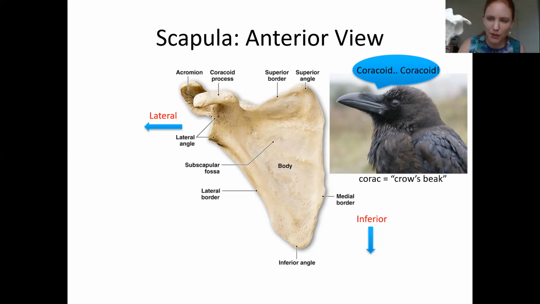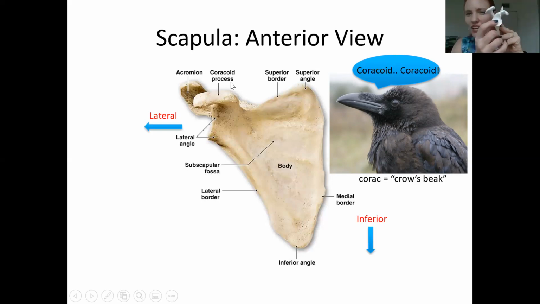So the broad one, that's the acromion. The sharper one, like a crow's beak, that is going to be the coracoid. I think of coracoid, like a bird crowing, like a crow crowing. Okay, so that's the coracoid process there.